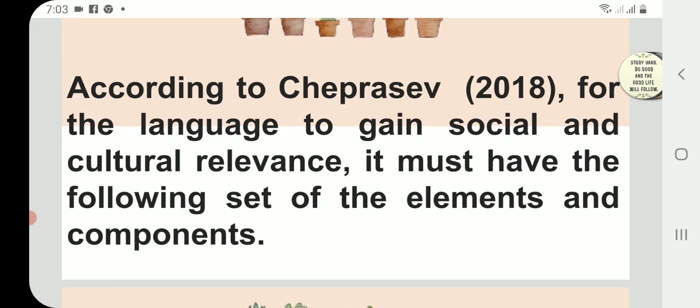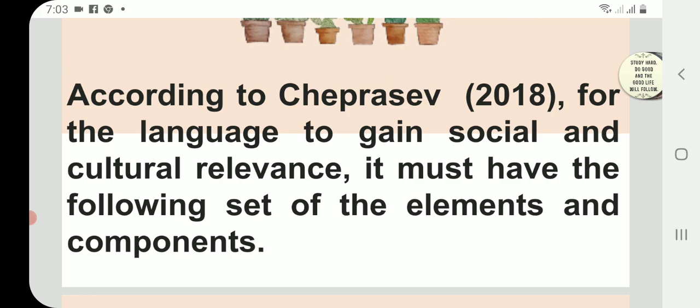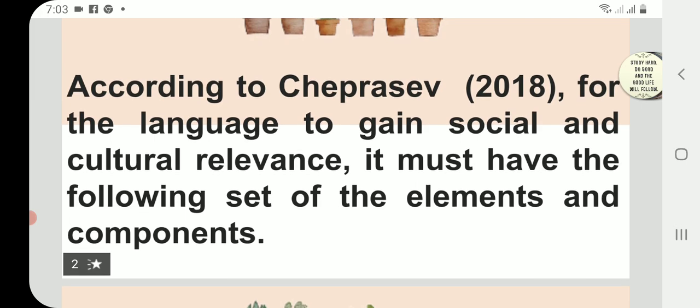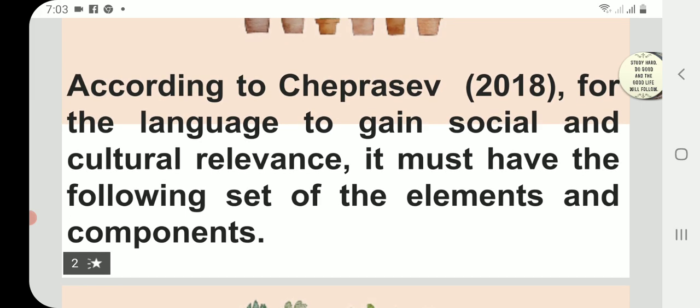According to Chef from Save 2018, for the language to gain social and cultural relevance, it must have the following set of elements and components. So the idea of Chef from Save 2018 talks about how language gains social and cultural relevance.